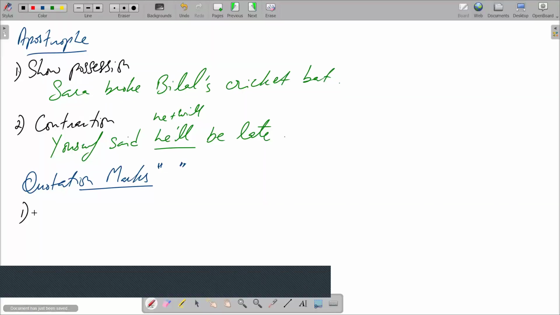So if you're quoting something from a text, or something that another person said, the rule for direct speech is that you quote it. Quote means saying it word for word as it was, as it was written in the text, or as the person said it, right? So quoted text or speech.